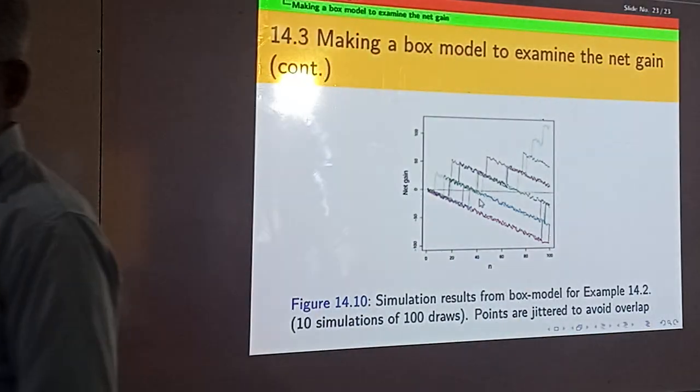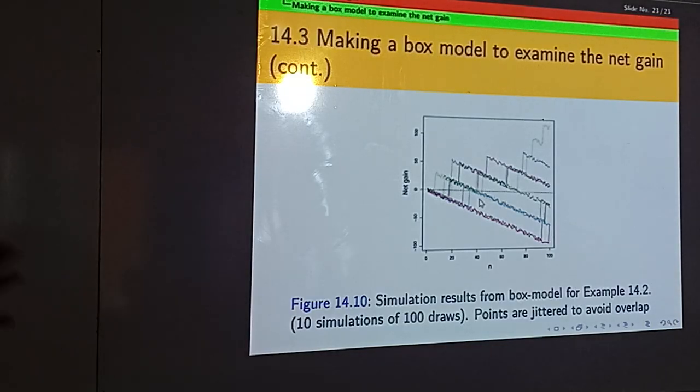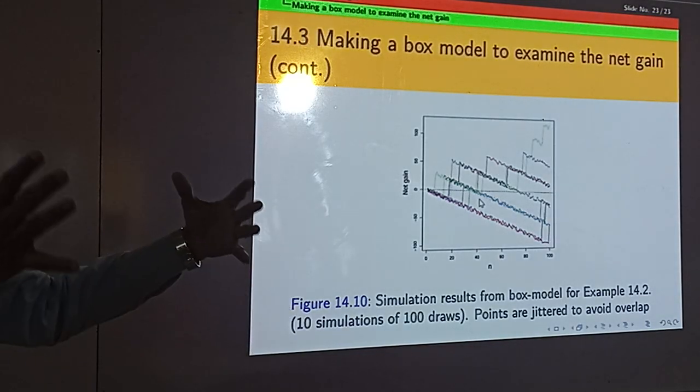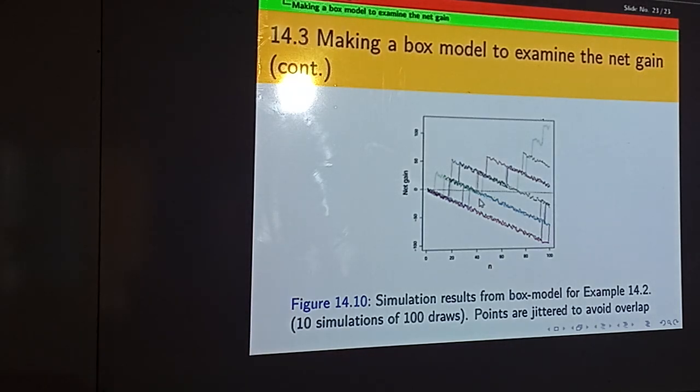It's like drawing a certain number of draws from a box with a certain number of tickets with different numbers on them, and you have to decide how many of each. Then the total gain will be equal to the total of the numbers that you get after, for example, n draws, 100 times or 10 times. So that's what we discussed in the last class at the end.